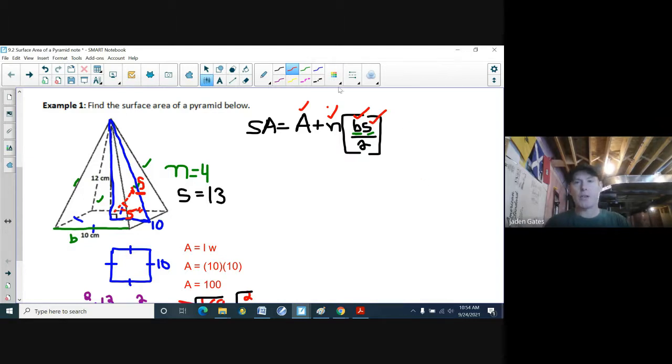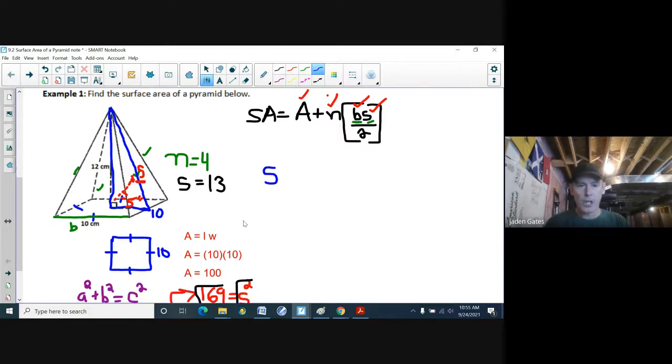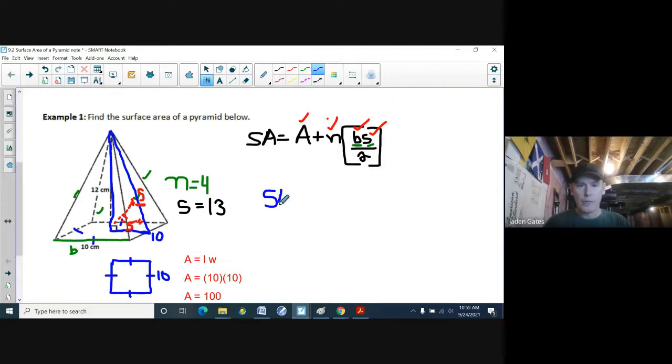All right. Now time to substitute in. So surface area is equal to the area there, which is 100, plus N, which is 4, right? That's the number of sides. Now we got brackets. In brackets, I got my B, which is 10.